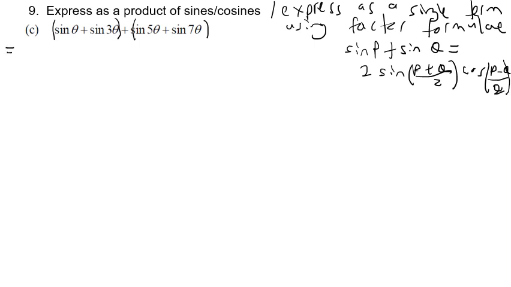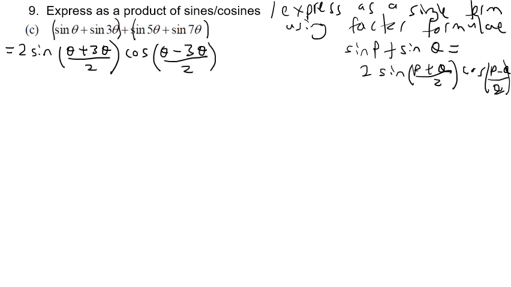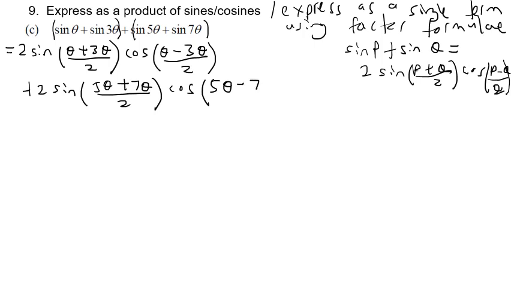So P plus Q, so in this case 2 sin (theta plus 3 theta) over 2, right? And then cos (theta minus 3 theta) over 2, right? So this is for sin theta plus sin 3 theta, and the other one plus 2 sin (5 theta plus 7 theta) over 2 cos (5 theta minus 7 theta) over 2, right?